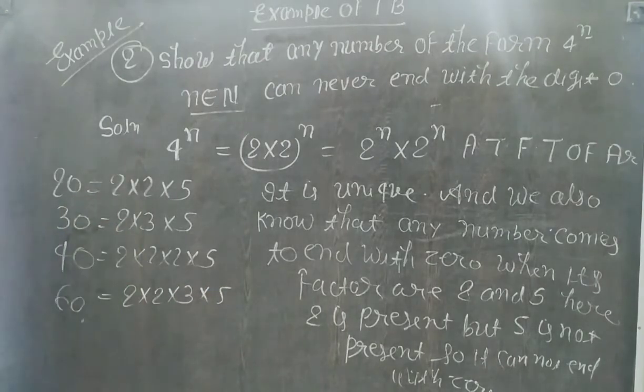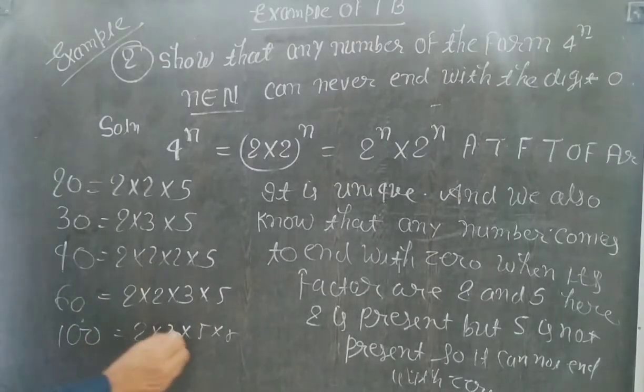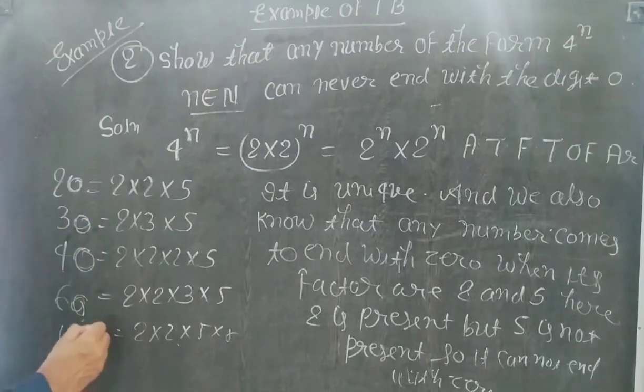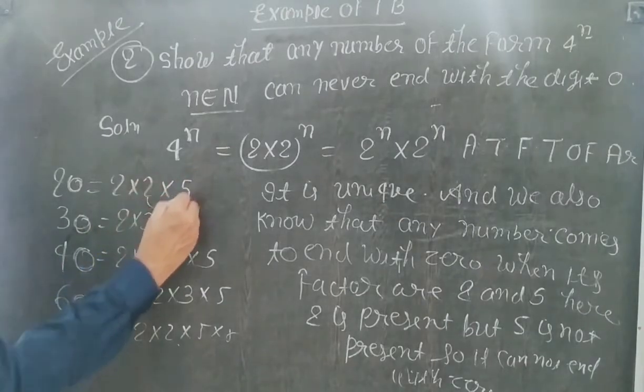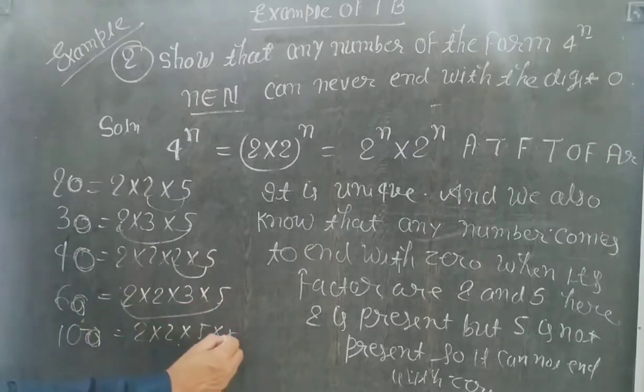Suppose 100, then you write 2 into 2 into 5 into 5. Then you find any number that ends in 0, it is only 0 when its factors are 2 and 5.